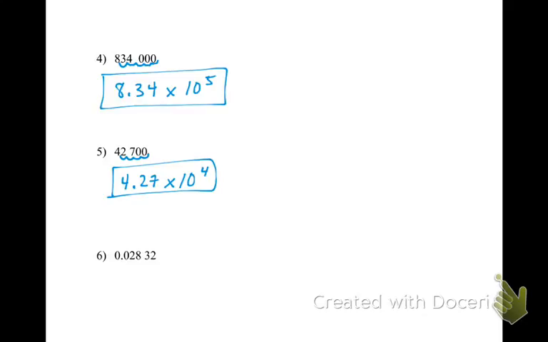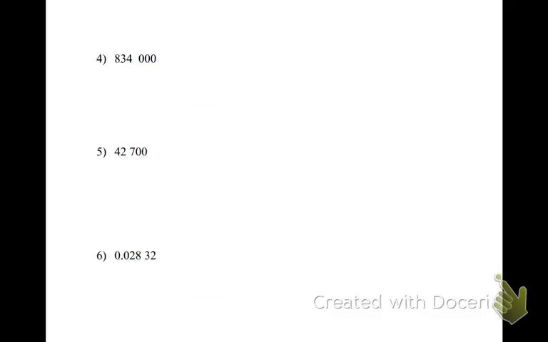Yay! We are just cruising. Last but not least, 1, 2. 2.832 times 10 to the negative 2. Who knew? If you got any of those wrong, make sure that you pause the video or go back and see what you may have been confused on. If you got them all right, let's move on, people.